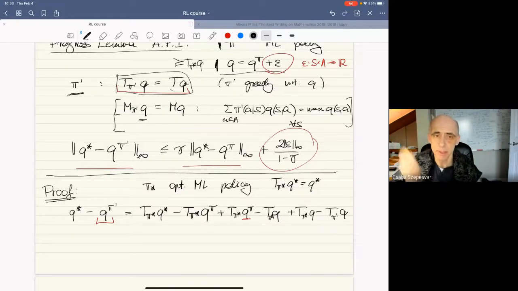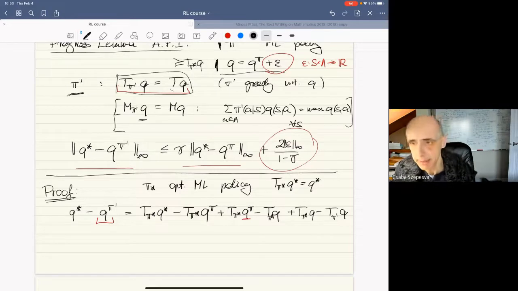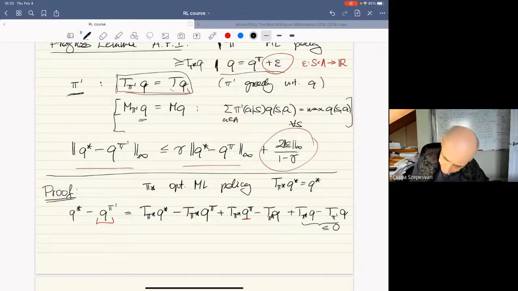So the policy evaluation operator of pi star applied to q cannot be as large as if you take the max. You get something smaller. Because of that, this is upper bounded by 0, so that must be not a positive term.